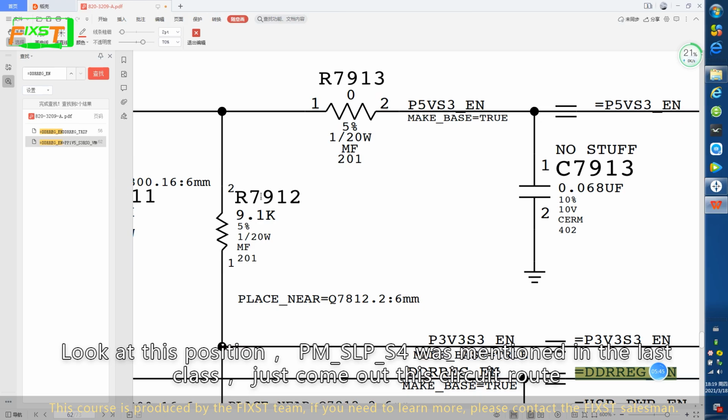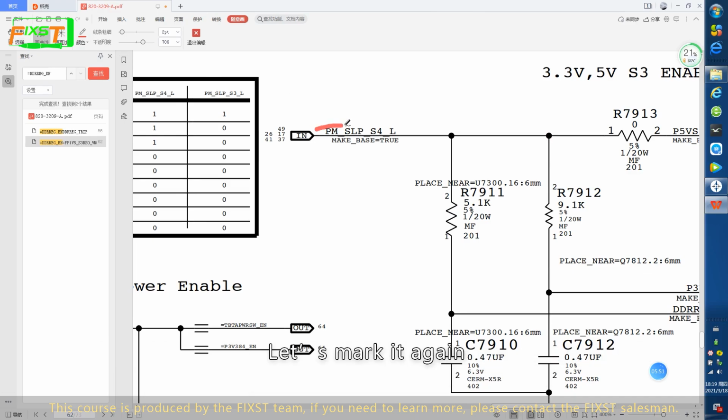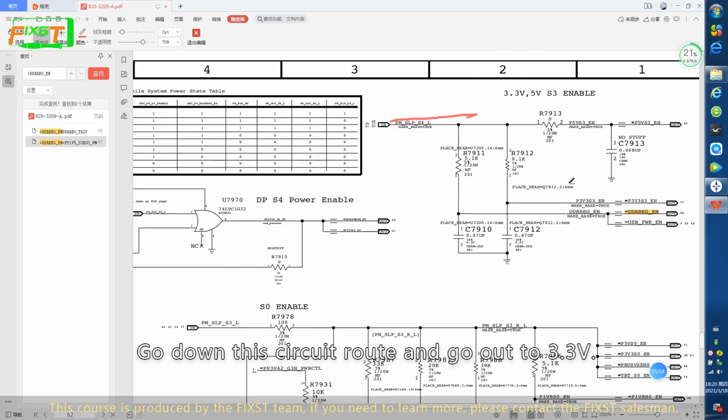Look at this position. PMSLPS4 was mentioned in the last class. Just come out this circuit road. Let's mark it again. Go down this circuit row and go out to 3.3V.